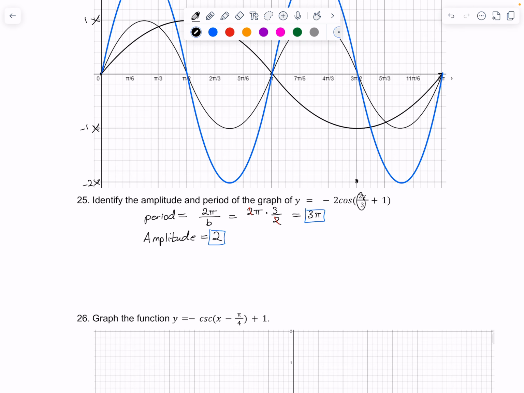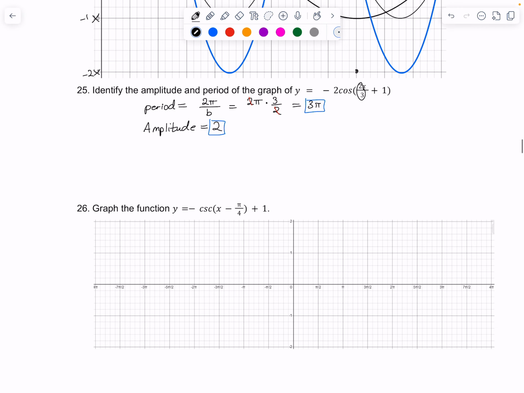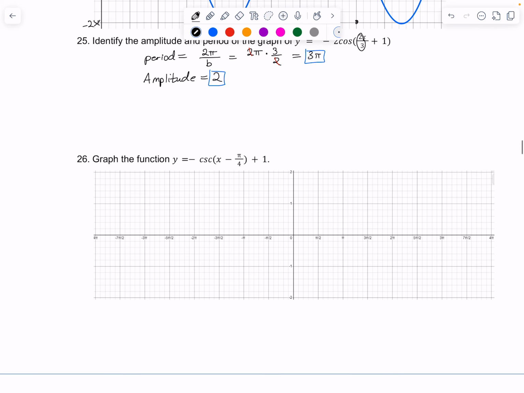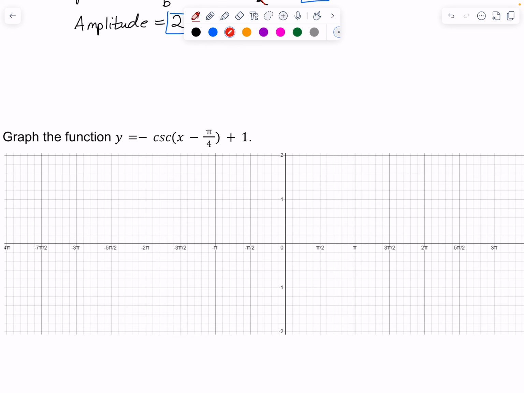Okay, number 26 asks us to graph negative cosecant of x minus pi over 4, plus 1. The first thing I want to do is graph my parent function. So I did this earlier, but cosecant is 1 over sine, which means it's got an asymptote whenever sine is 0. So that is at 0.